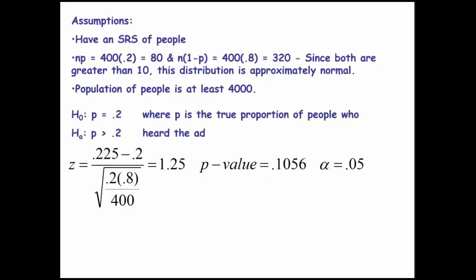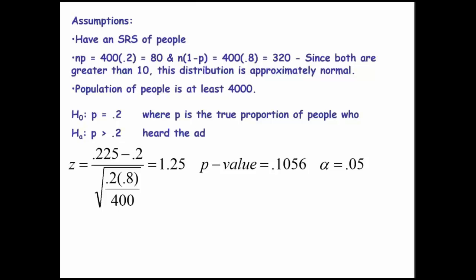Then we need to do our calculation. The p-hat is 0.225. Now you're probably thinking, wait, I don't remember seeing that number. That's what happens when we take the 90 divided by the 400. So the 90 who said, yes, I have heard the ad, is where we get that 0.225 minus the 0.2, and then the standard deviation of the statistic is the square root of 0.2 times 0.8 over n, and we get a z-score of 1.25.